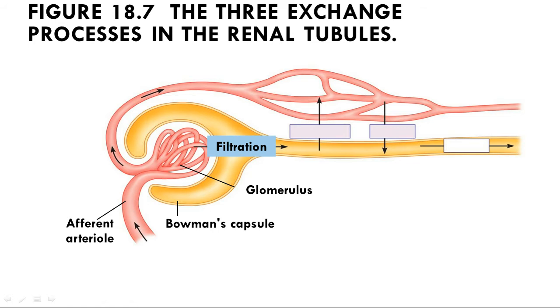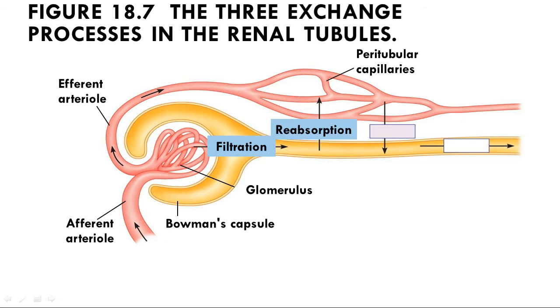If blood plasma isn't filtered, it stays in the capillaries. It can be involved with reabsorption and secretion as well. So once filtrate is produced, we can then reabsorb selected products back into the peritubular capillaries. What might you need to reabsorb?